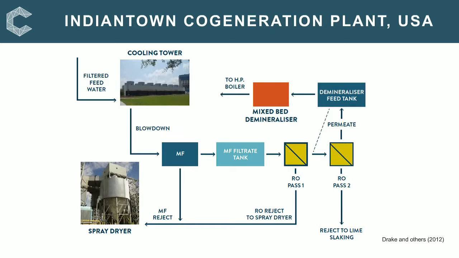The rejects from the reverse osmosis and the microfiltration units are processed in the spray dryer absorber, which is used to reduce your SOx emissions, or it is used for lime slaking for use in the absorber. So the plant has therefore managed to maintain its zero liquid discharge status.